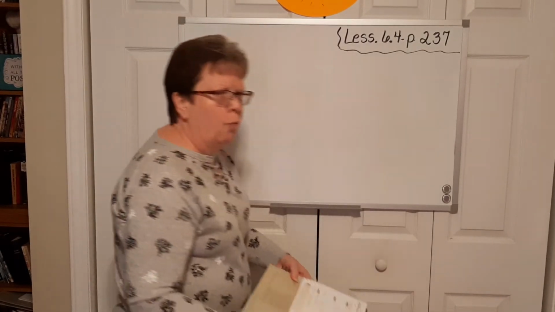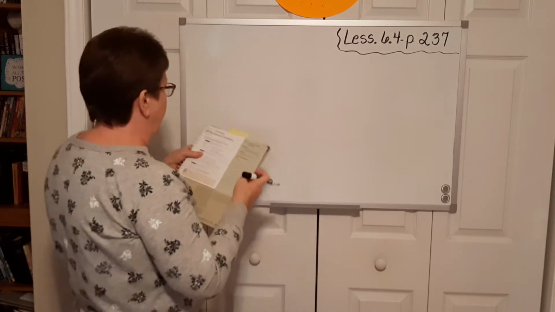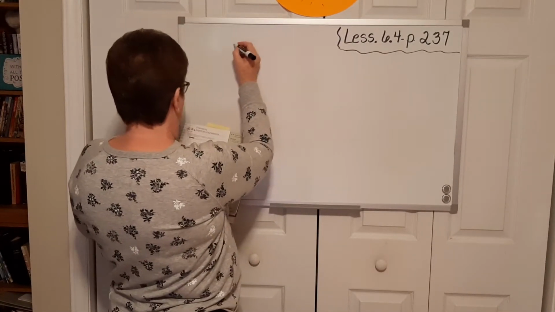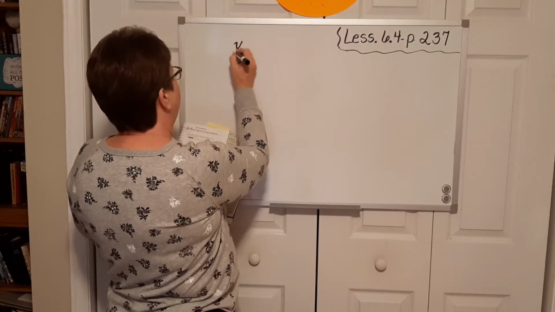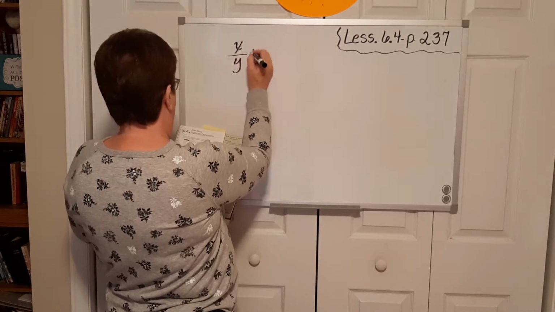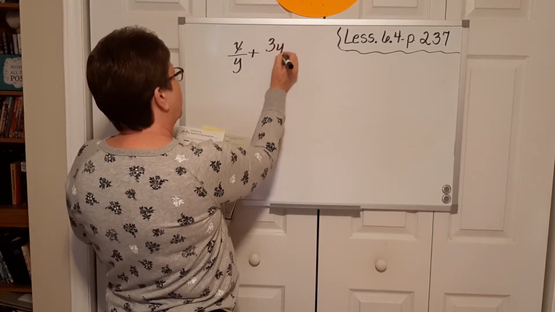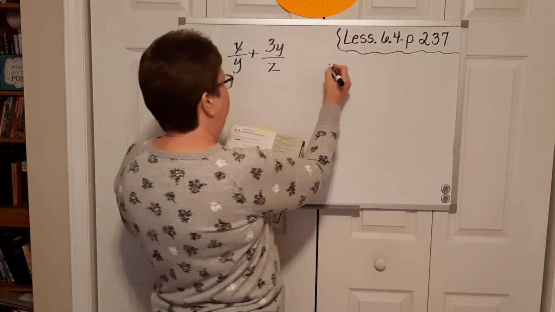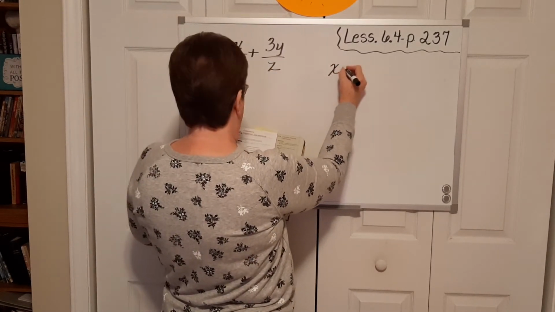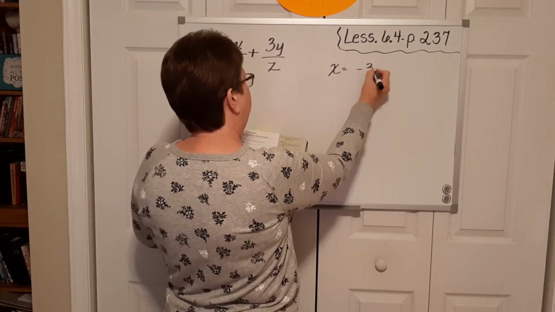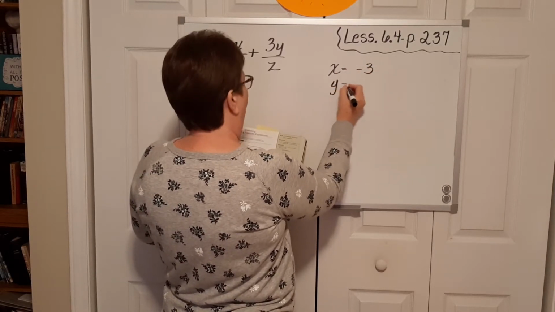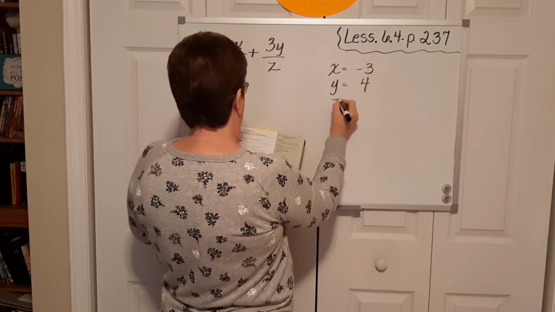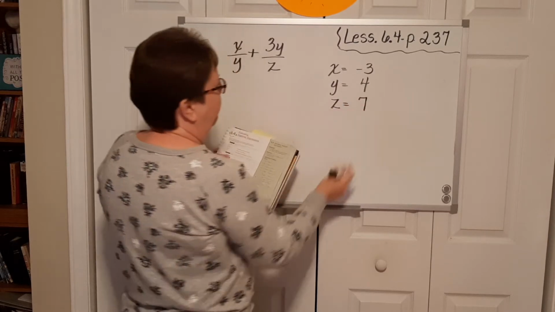And again, you can watch these if you need to go over it a little bit slower. Now we're going to do x over y plus 3 times y over z. Now let me give you what the variables are equal to. X is equal to -3, y is equal to 4, and z is equal to 7.